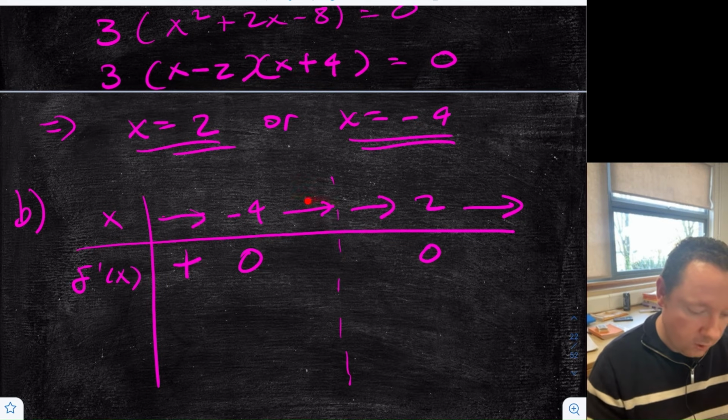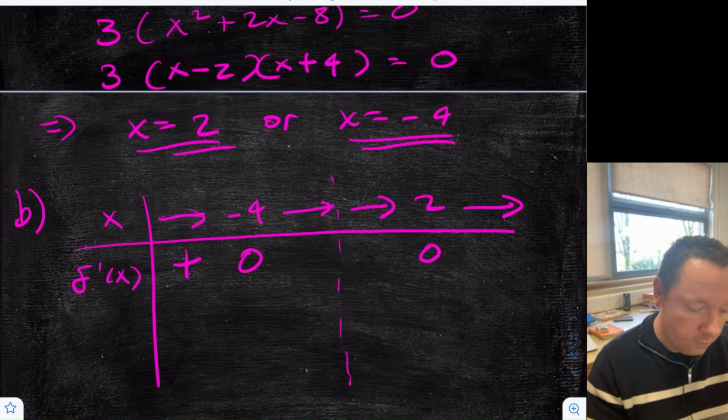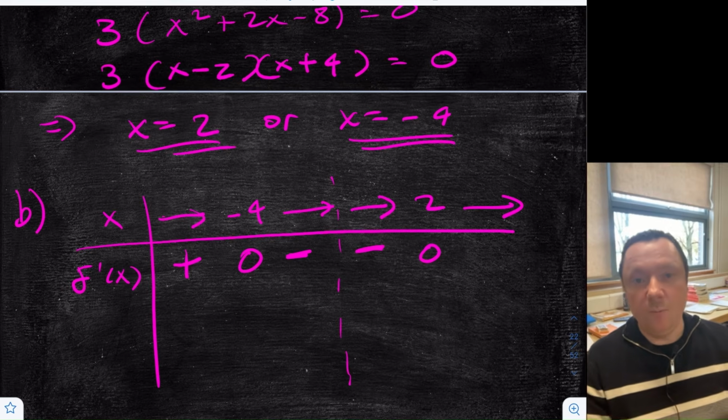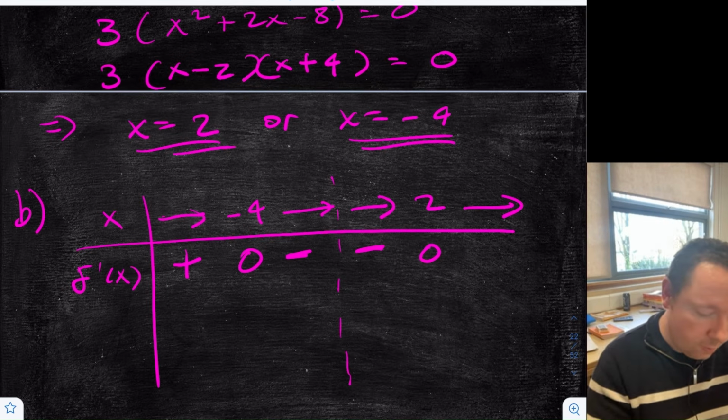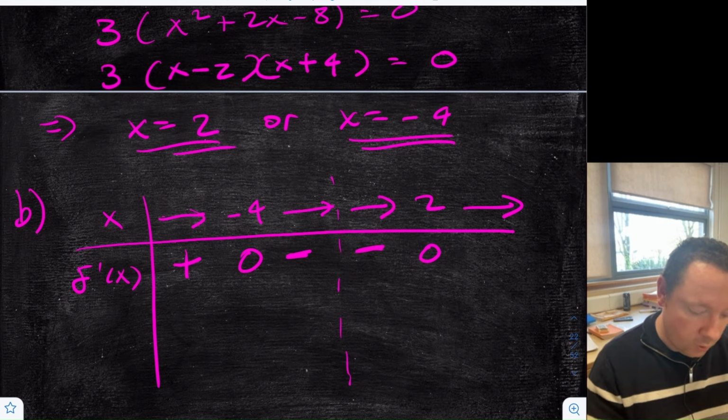After minus 4, let's just pick any number, pick 0. Minus 2 is that's negative, plus 4 that's positive. Negative times a positive is a negative. So we already know this one's going to be negative because it's the same idea before 2. After 2, 3 minus 2 is 1, 3 plus 4 is 7. Positive times a positive is a positive.